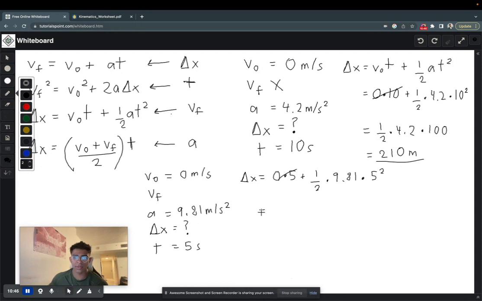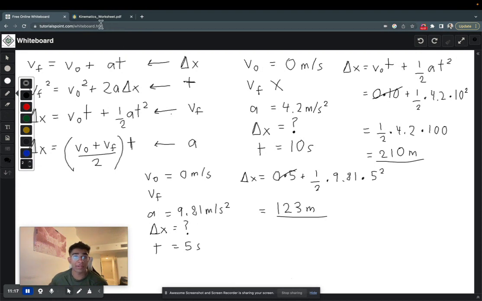This cancels out. And then let me just plug this into my calculator. So we have 0.5 times 9.81 times 5 squared, which is 25, giving us 122.625. We can round that to 123 meters.